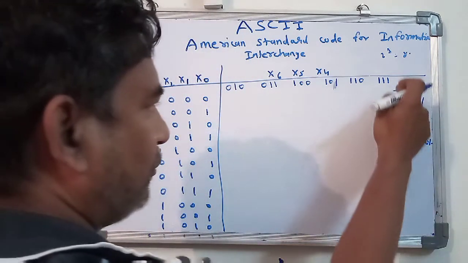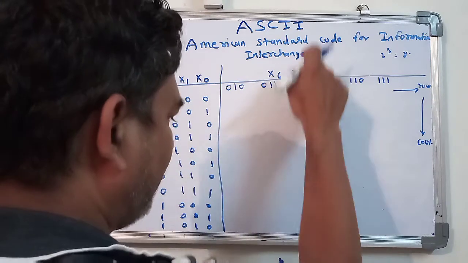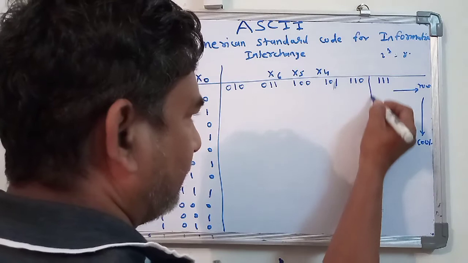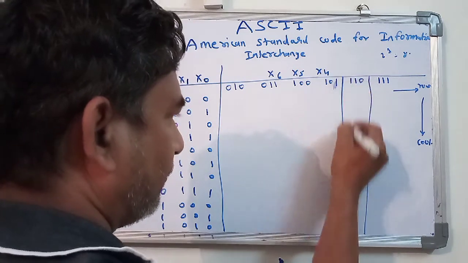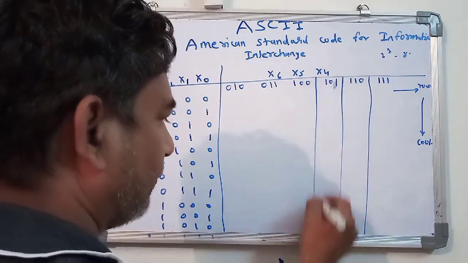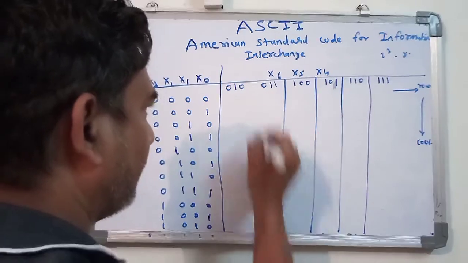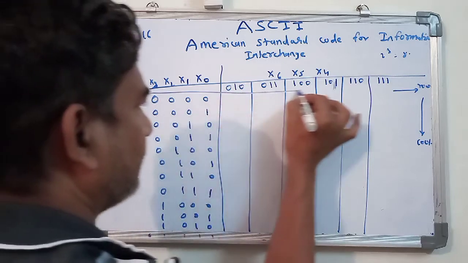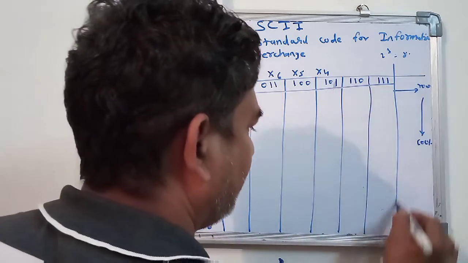So the rows and the columns you have to plot out. These are the things you have to do very first.